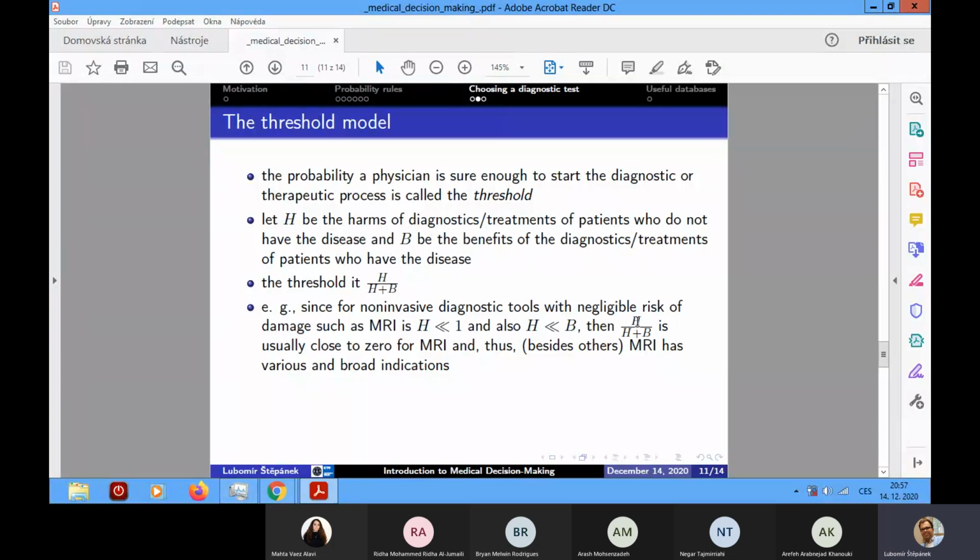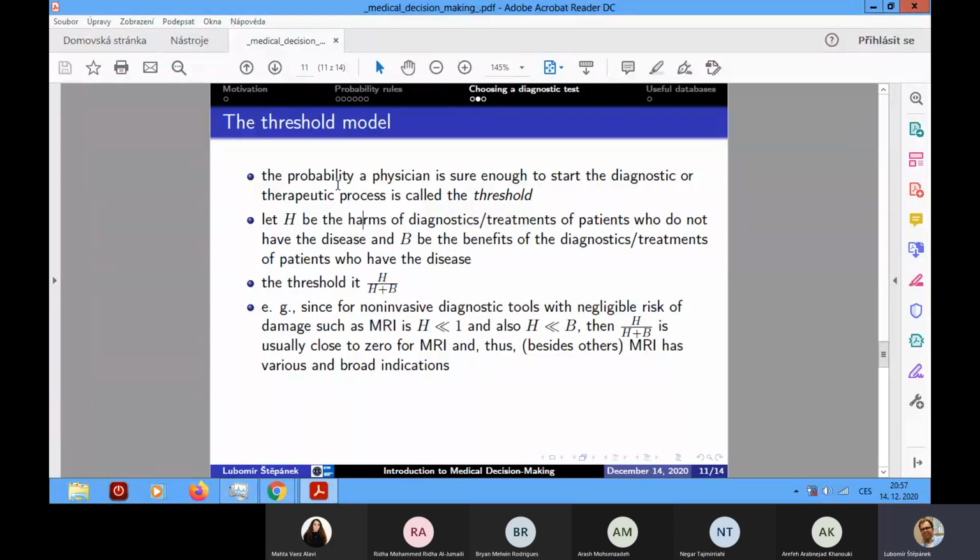It means that H over H plus B, which is the threshold, is definitely very low, pretty close to zero for MRI or ultrasound or whatever. Besides other reasons, this is one of the reasons why MRI has various and broad indications all around medicine, because the threshold is very low.